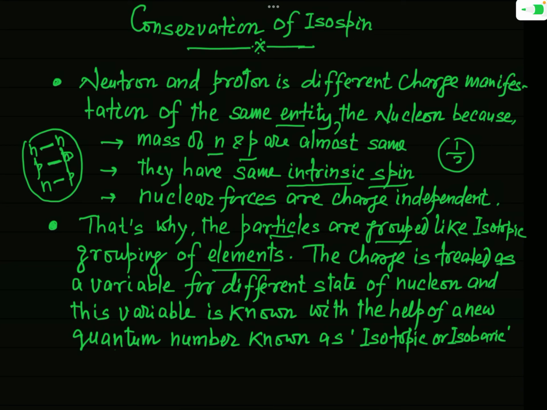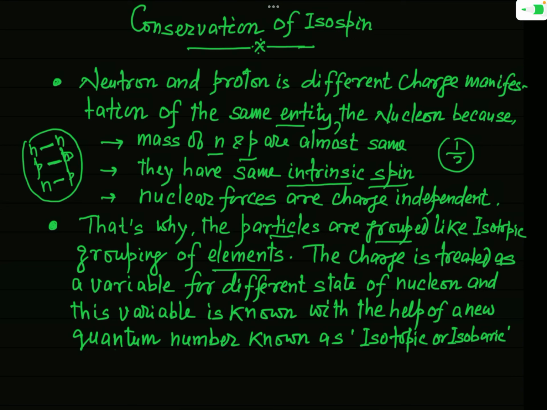When we say isotopic elements, they have the same charge number, that is the same atomic number, the same place in the periodic table, and the same properties. In a similar manner, taking analogy from the isotopic grouping of elements, these particles are also treated as isotopes. Although this term is not used here, you can compare it.